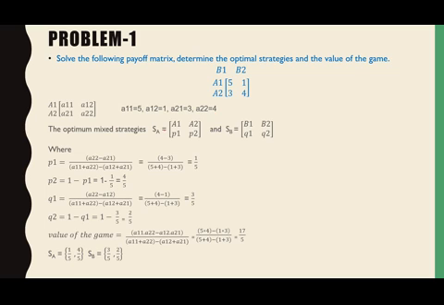Okay. The optimal strategies are given by P1 and P2, and for player B it is given by Q1 and Q2. So first let me compute P1.